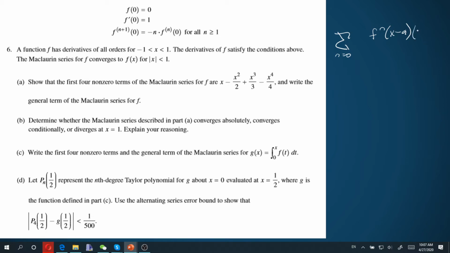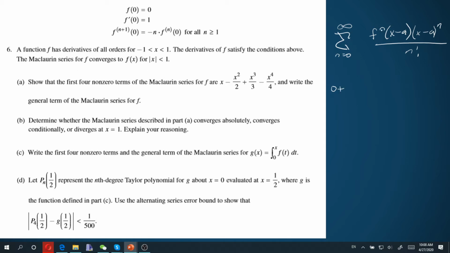And x minus a to the nth power over n factorial. Okay, so right now, going from n equals 0 to infinity, we're going to go from n equals 0 to 4. So when n is 0, this would be the 0th derivative, which is 0 times anything is 0. So our first term is 0.